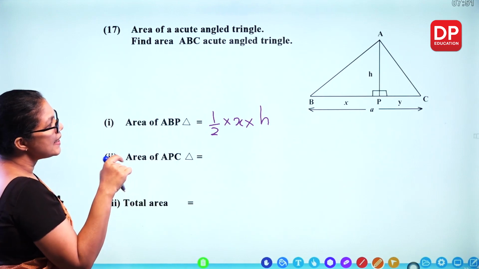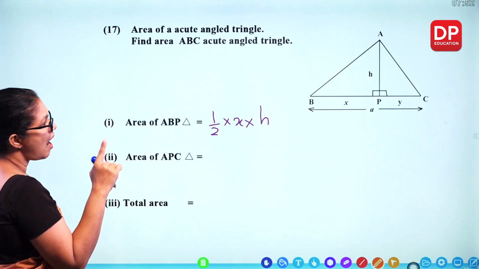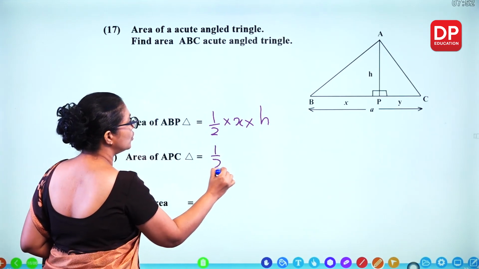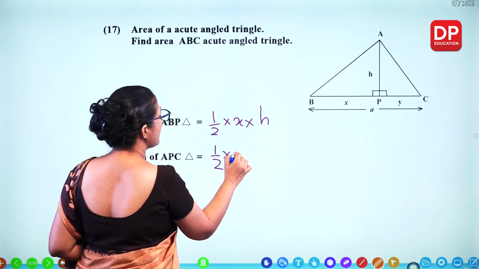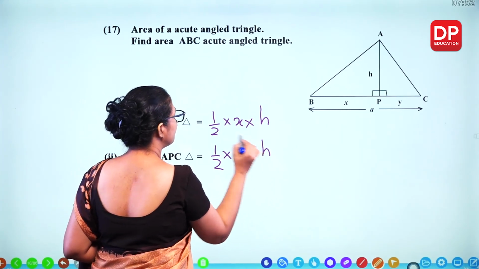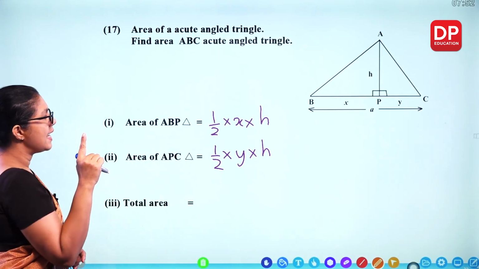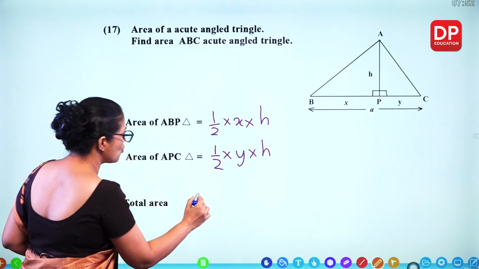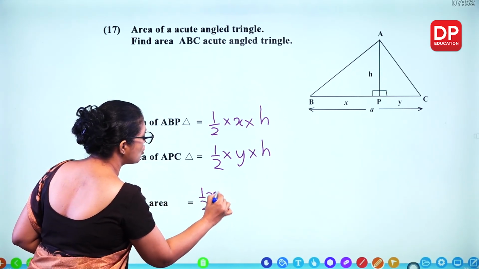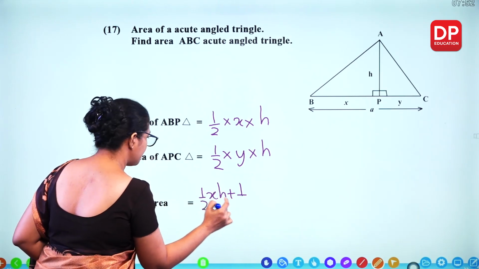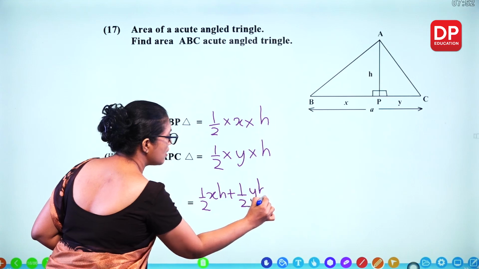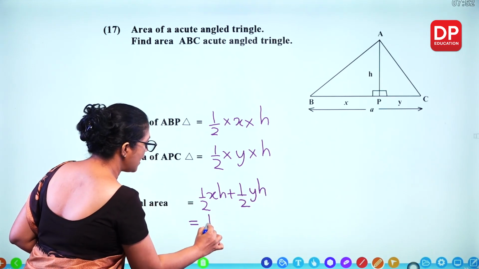Area of triangle APC, half into perpendicular height h and the base y. And the total area is the addition of these two. Half xh plus half yh. Now we see half h is common.